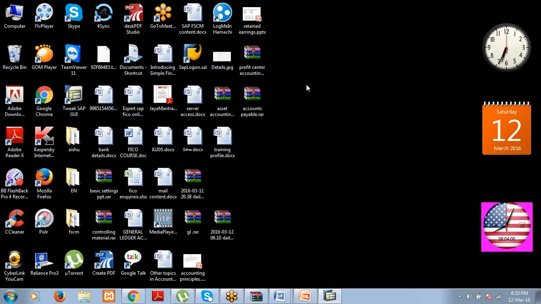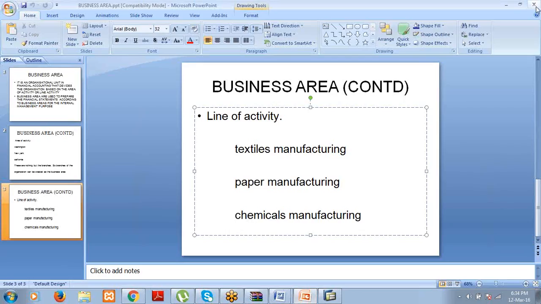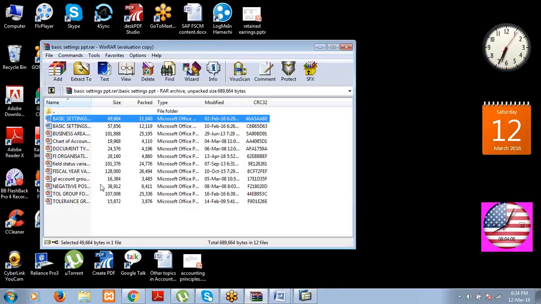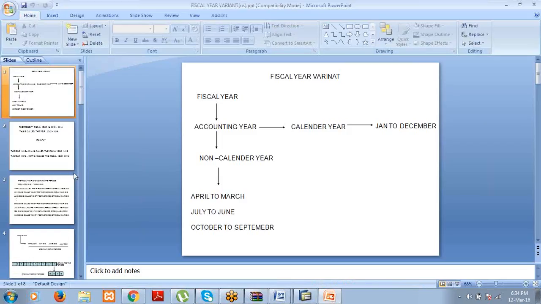But in SAP, that is called fiscal year. So first I will explain the concept of the fiscal year from the Indian perspective. After that, I will explain the concept of fiscal year from the US perspective. Right?